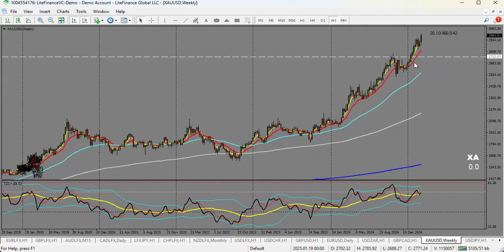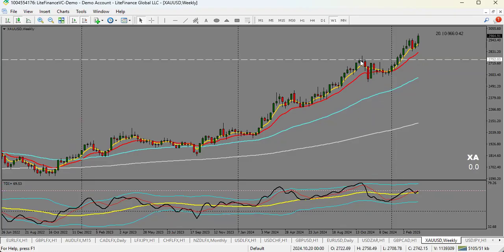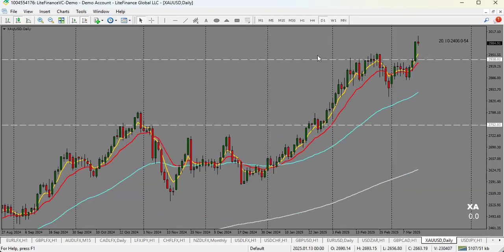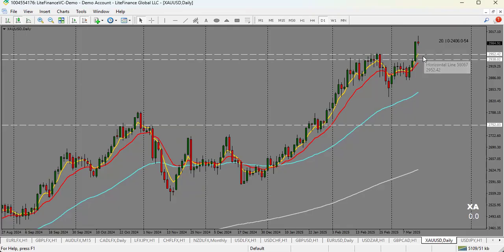The market structure is still bullish, but we have these key areas of support that we should be watching out for. If we have a retracement, it should be to these levels and then a continuation up. That's what I'll be expecting on gold.